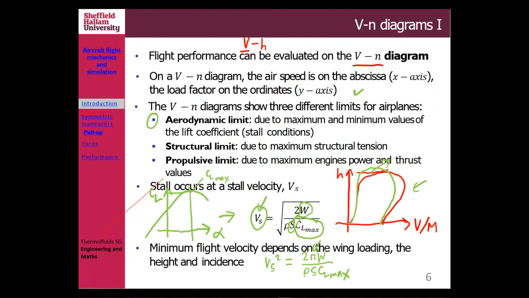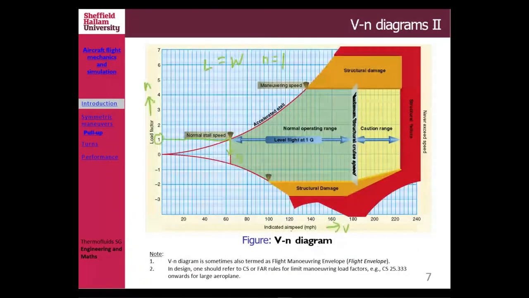If you draw that in a graph, rearranging this equation so that n is a function of your speed, V stall in this case, you have a graph like that. If you start from 0, it goes all the way up, like that. Now, of course, it has to stop somewhere, right?